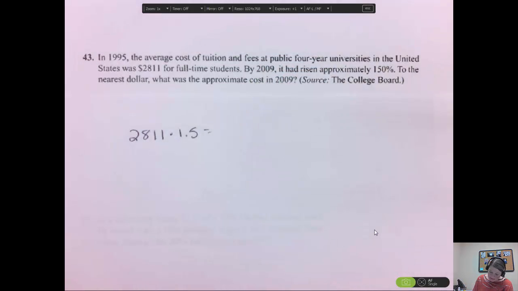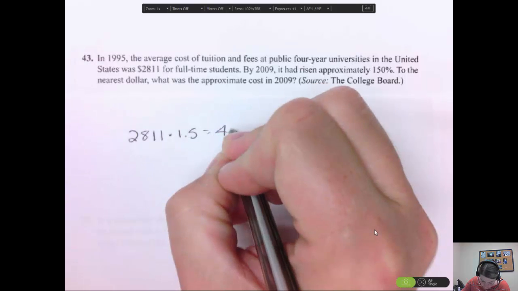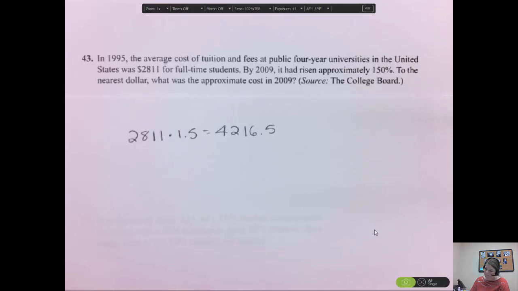Well, let's see. 2811 times 1.5 is going to give me $4,216.05. That is 150% more.